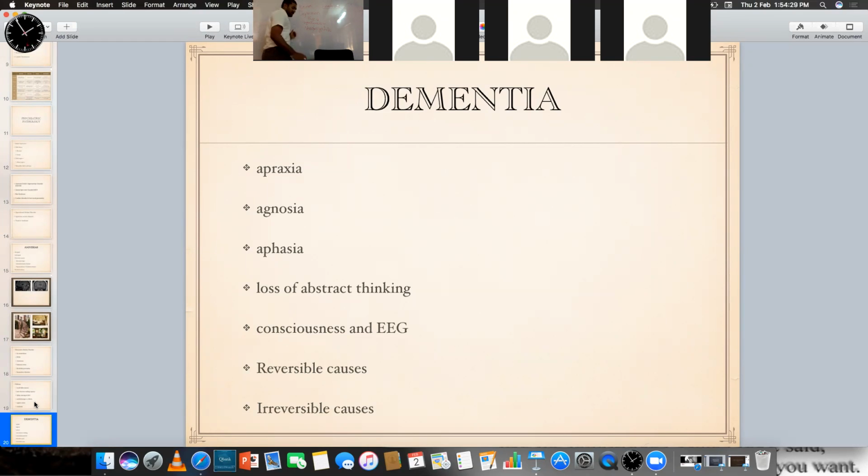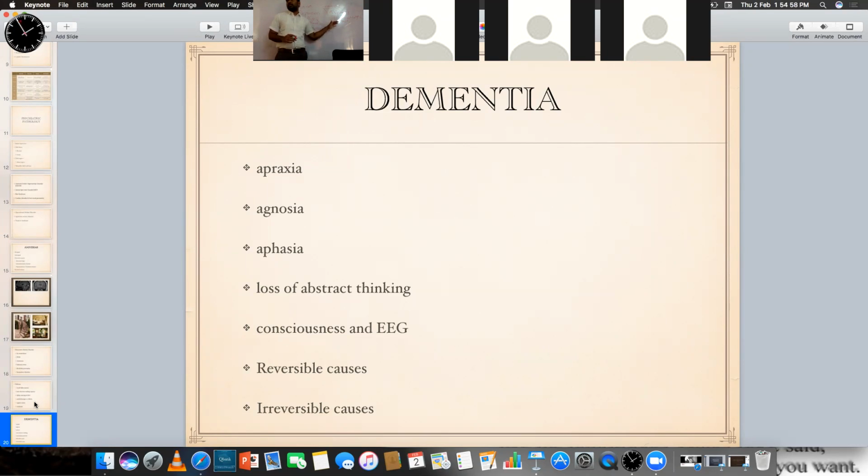Now what are the irreversible causes of dementia? The irreversible causes are Alzheimer's. First, foremost, most common, Alzheimer's dementia. There's vascular dementia. That is, you have multiple infarcts in your cerebral cortex that have made you lose the ability to remember things.